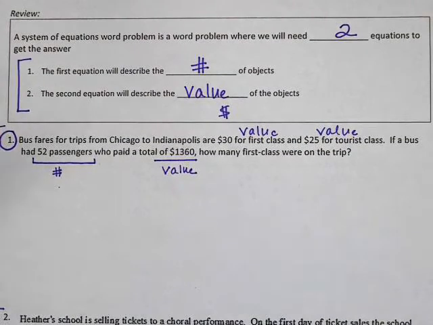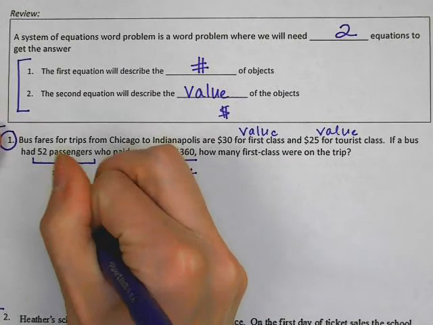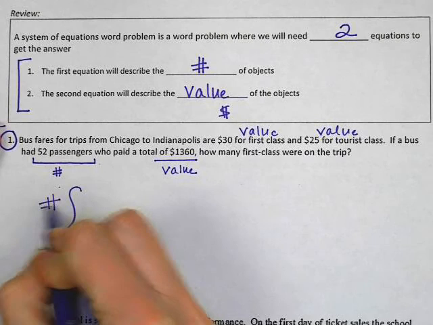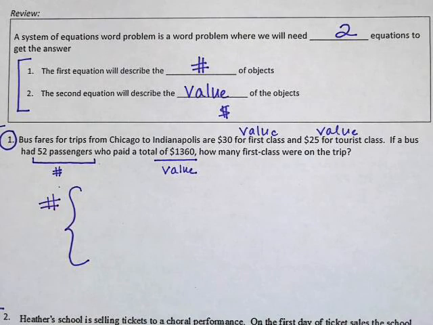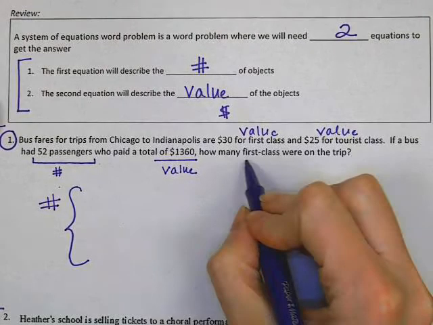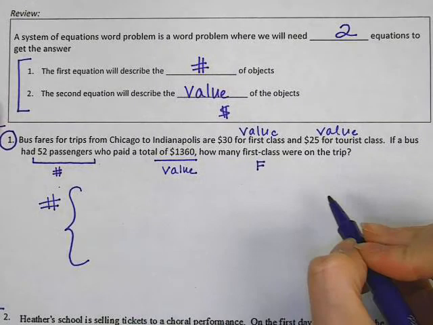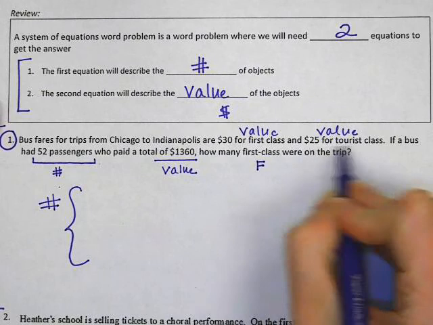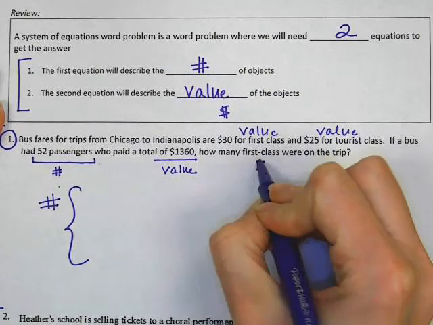Okay, so think back to the coin problem. This one's very similar. Our first equation is about how many tickets were sold, how many bus fares were sold. So, first of all, do you guys want to call first class F and tourist class T? Should we define our variables?